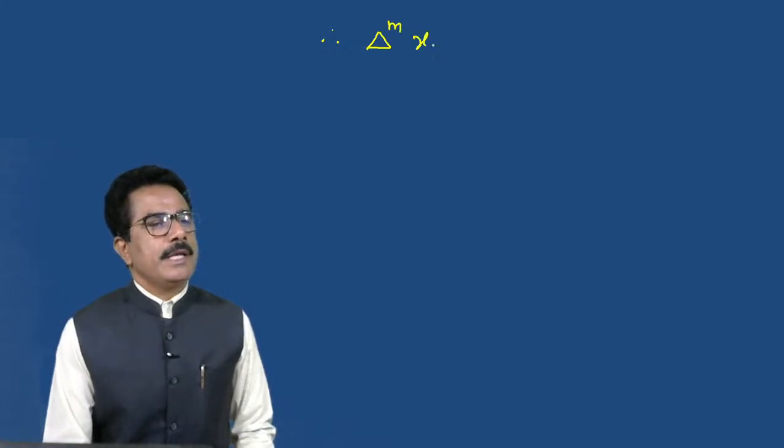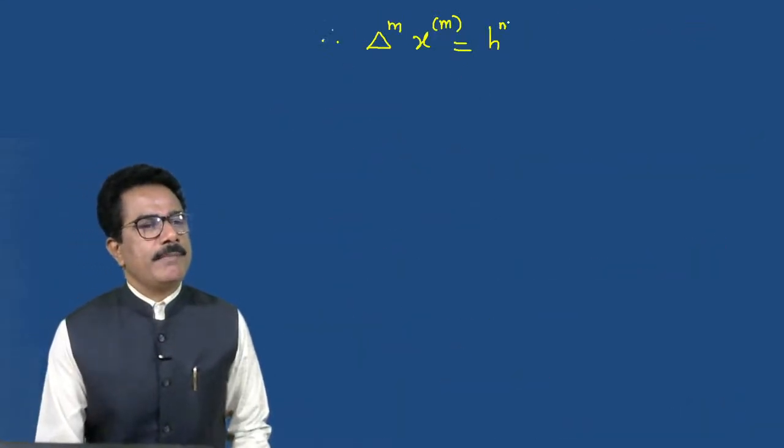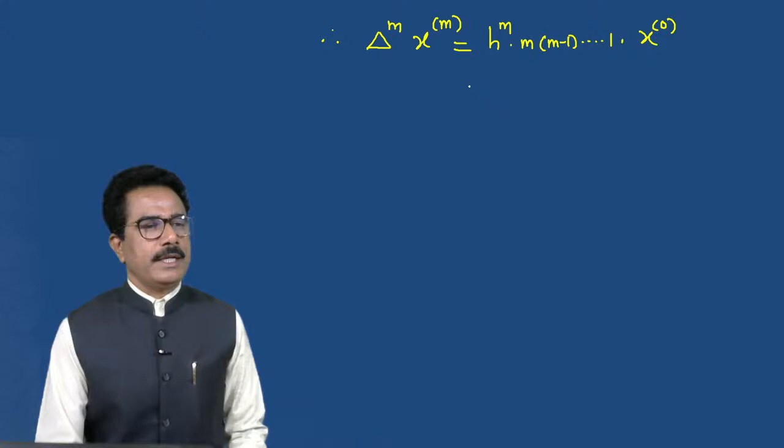So we get, therefore, delta raised to m x to the power m factorial is equal to h raised to m into m minus 1 dot dot dot 1 into x to the power 0 factorial.